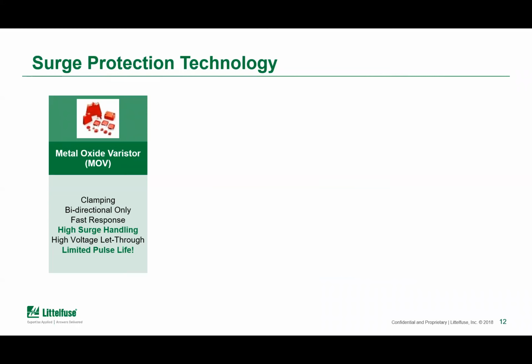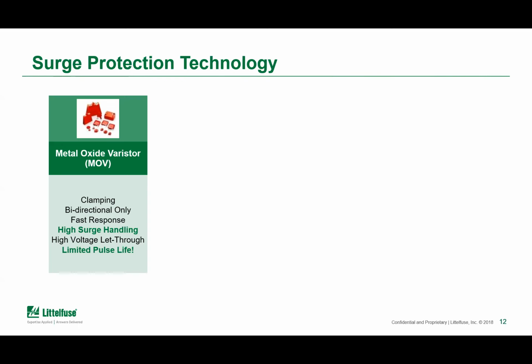So a metal oxide varistor is essentially a ceramic-based technology. It is inherently bidirectional. It's a clamping device, and its really key benefit is it provides very high surge handling capability. You can get up to 10,000 amps in a 20 millimeter size component. And it's relatively cost effective as well.